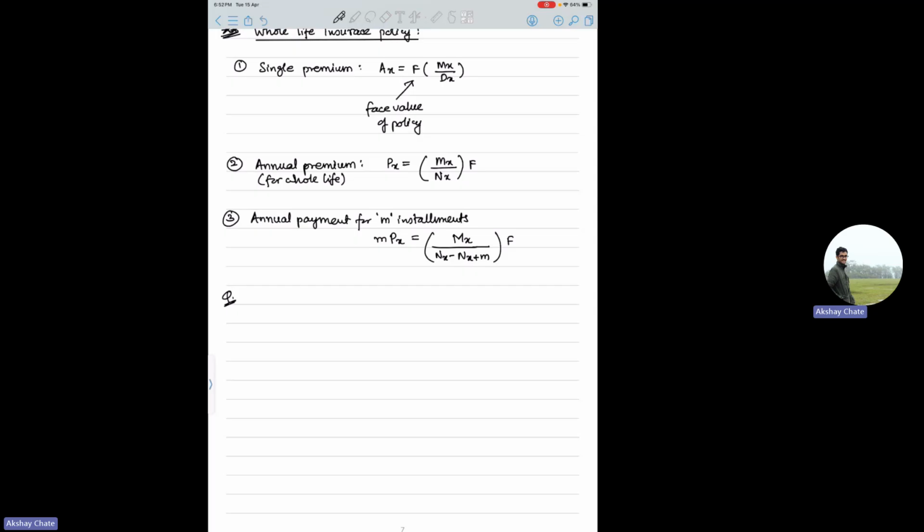So let's say we take this problem and solve all these three cases. Okay. So the question is again, Ram is 35 years old and wants his family to receive 40 lakhs after his death.